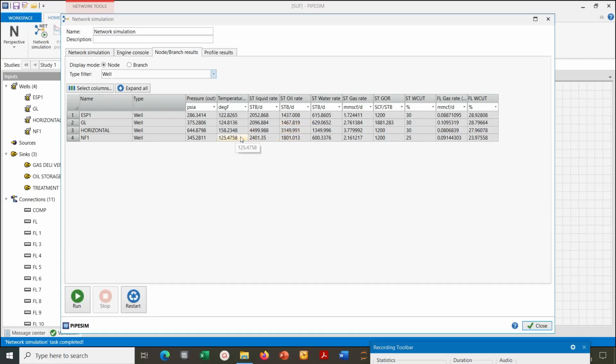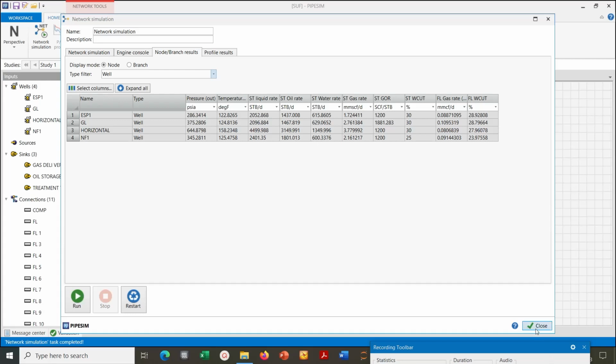Then horizontal well produces 3,149. Then natural flowing well produces 1,800 and something. Wow. So that is that.